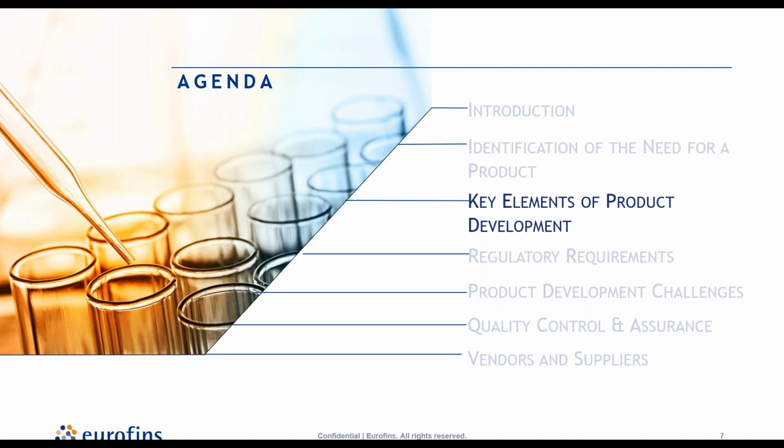Developing animal veterinary products is a complex process. So all of the things aforementioned are kind of the precursors, and the rest of the process requires a lot of planning and consideration on numerous factors. So in the next section of the presentation, we're going to talk about some of the key elements to consider when developing an animal veterinary product.